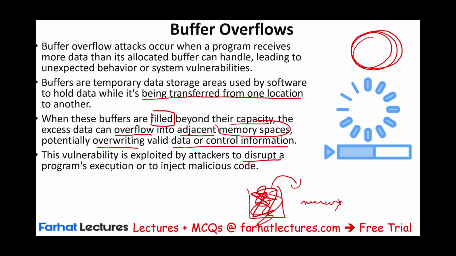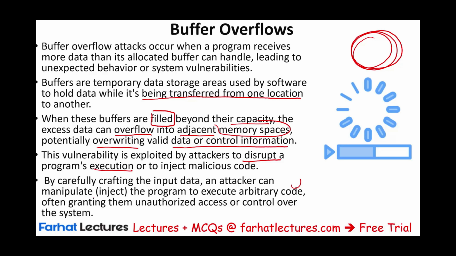To disrupt a program's execution or to inject malicious code, because now you have access to the memory or to the program. So by carefully crafting the input data, an attacker can manipulate the program to execute some sort of code, granting them unauthorized access or control over the system. So how do they do this? Because that extra buffer was filled, the information overflowed, and that's what they exploit. They put a code in there, and that code will manipulate the system.